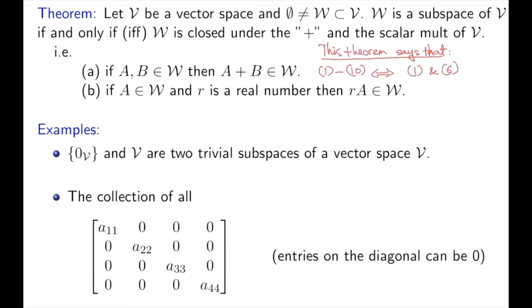That means it is closed under addition. And similarly, if you test B, which is property number 6, we say that this is closed under the scalar multiplication. So the only thing that we require for a subset to be a subspace is that it is closed under the addition and the scalar multiplication. The other 8 properties can be proven easily.